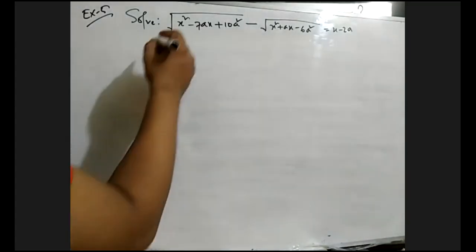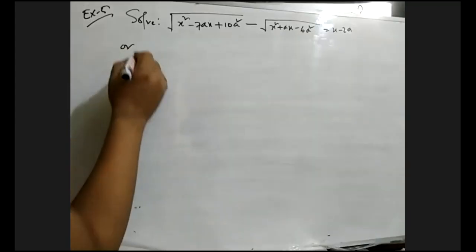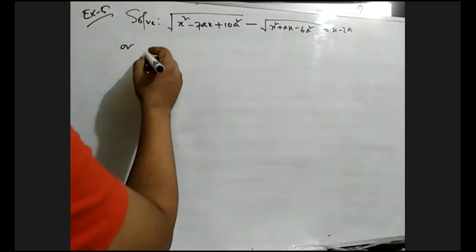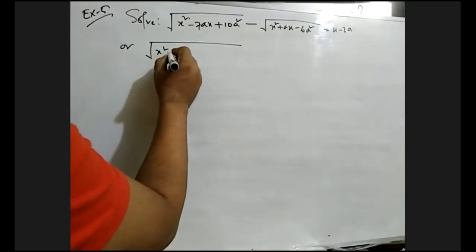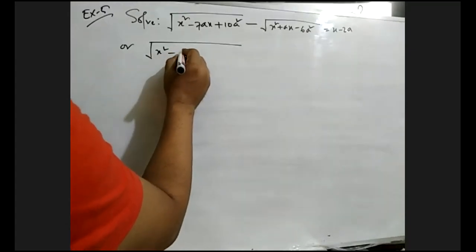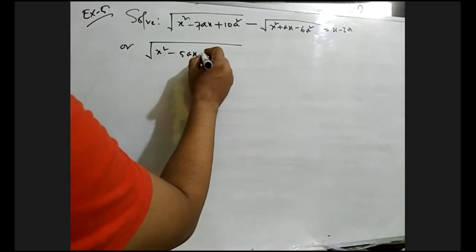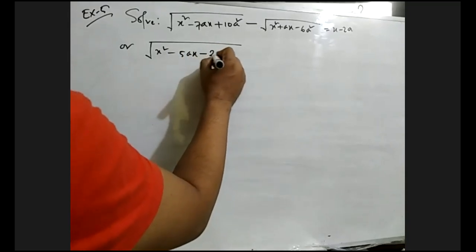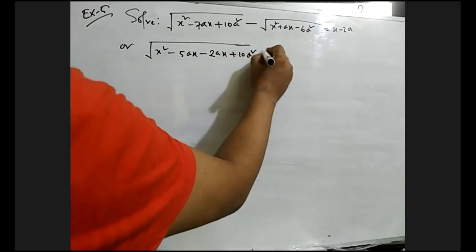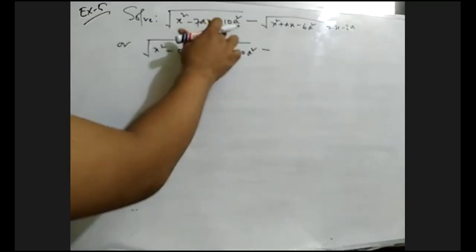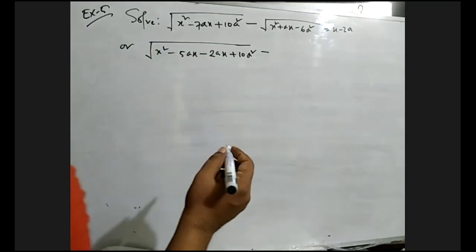Okay, the given equation can be written as square root over x square minus 5ax minus 2ax plus 10a square. Okay, just middle term factor process.